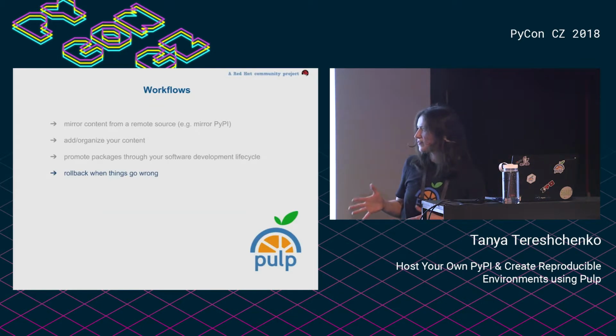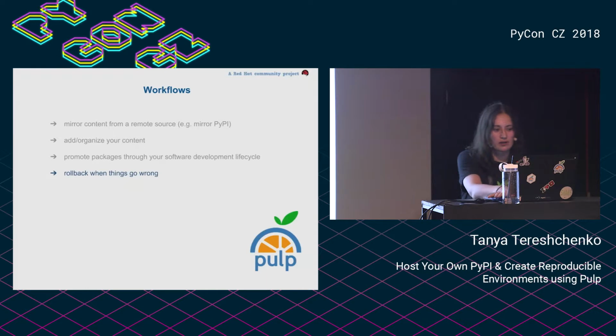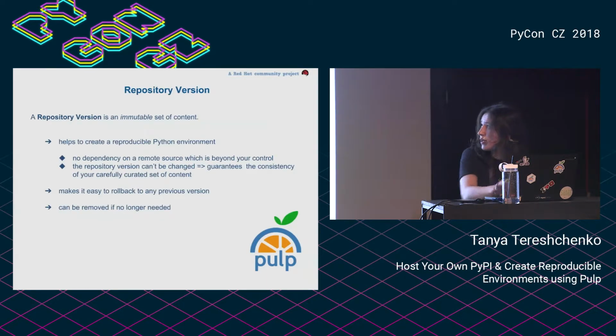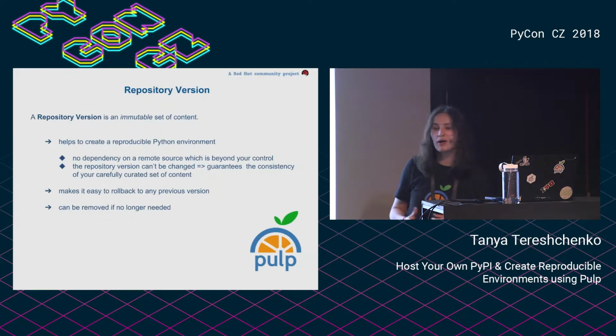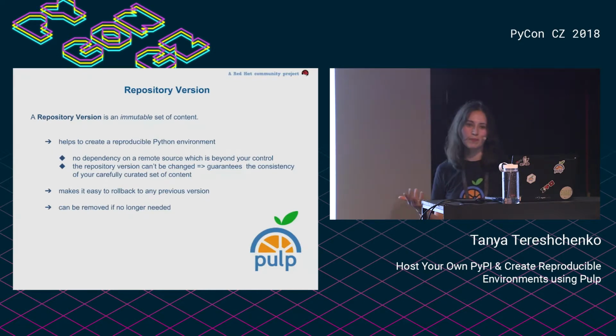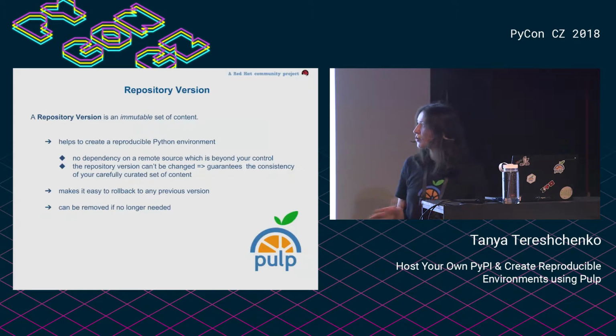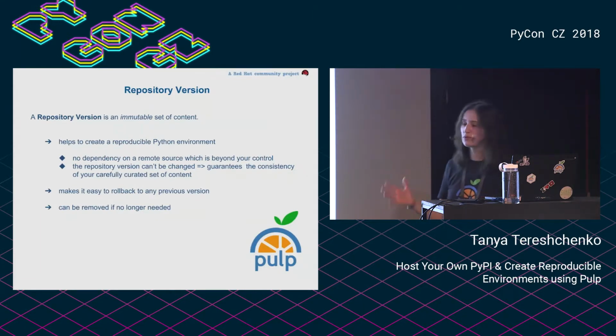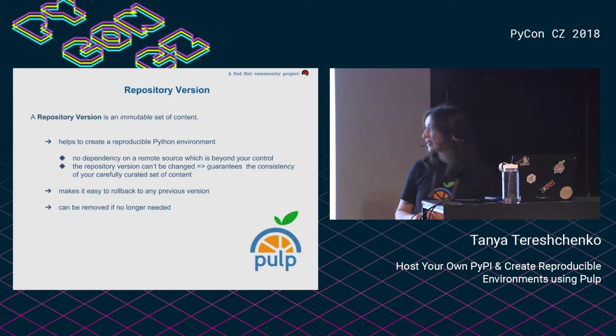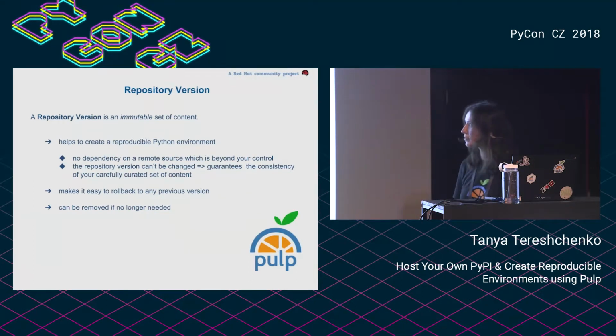The last feature I would like to show you today is rollback. So if something went wrong, how you can roll back. And it's good to talk a bit about repository versions. So they help us a lot here. Because you're no longer dependent on a remote source, you have everything in Pulp. And again, I can't emphasize more that it's an immutable set of content.